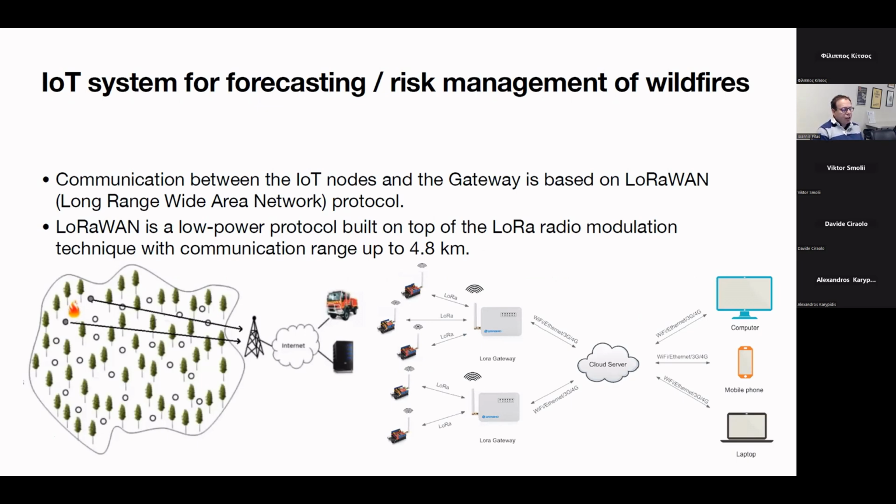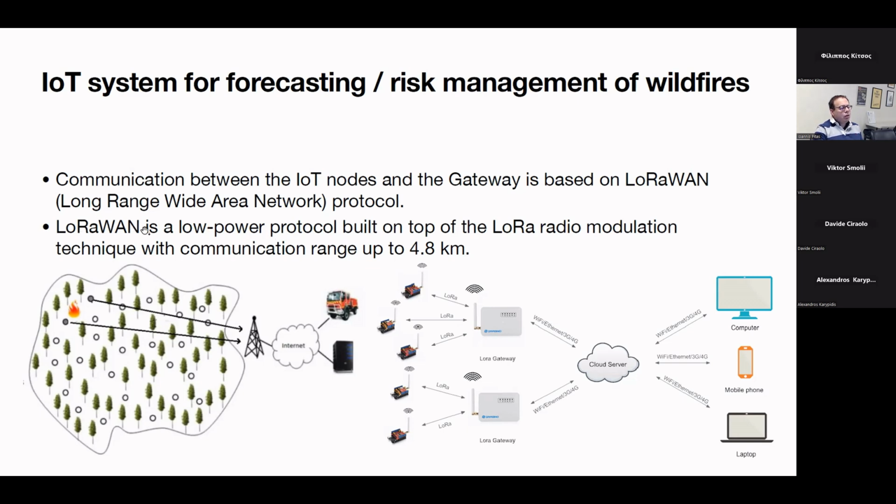A very important communication technology that has wide adoption in the last few years is the long-range wide area network. This allows communication between IoT nodes or devices with a gateway device. You can see here the gateway device.